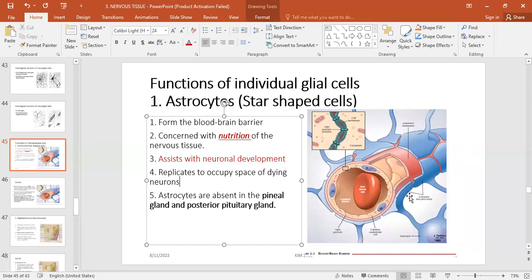And even those that can cross the blood-brain barrier don't reach their full concentration early. It takes time. For example, if you're administering amphotericin B, yes, it crosses the blood-brain barrier, but at a slow pace. Therefore, you have to continuously infuse the patient.